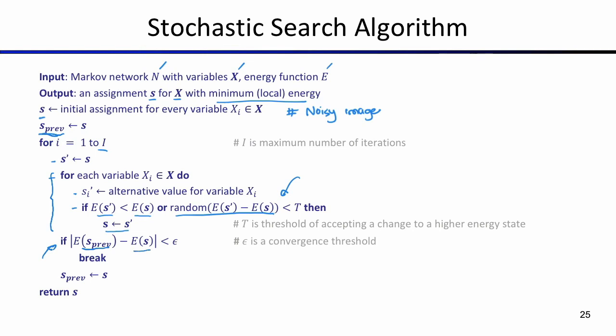If this difference in absolute terms is less than the epsilon threshold, we say that we have achieved the convergence criterion. So we're going to stop the search because we are changing the pixels, but the energy is not changing much. If it's not the case, we update the xprev to be x, and we go up and do another iteration of the loop until we reach the maximum number of iterations or we achieve convergence.